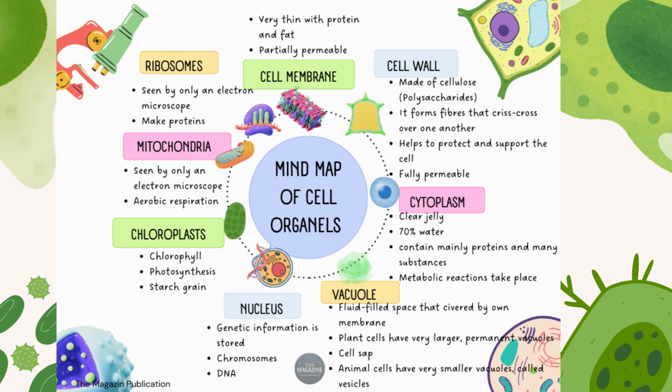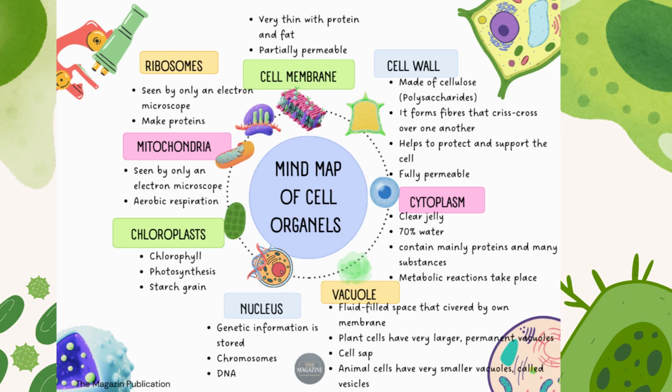This is only present in plant cells. In chloroplasts there is chlorophyll, which helps to do photosynthesis, and as a result of photosynthesis starch is produced. So starch grains are also stored in the chloroplast.